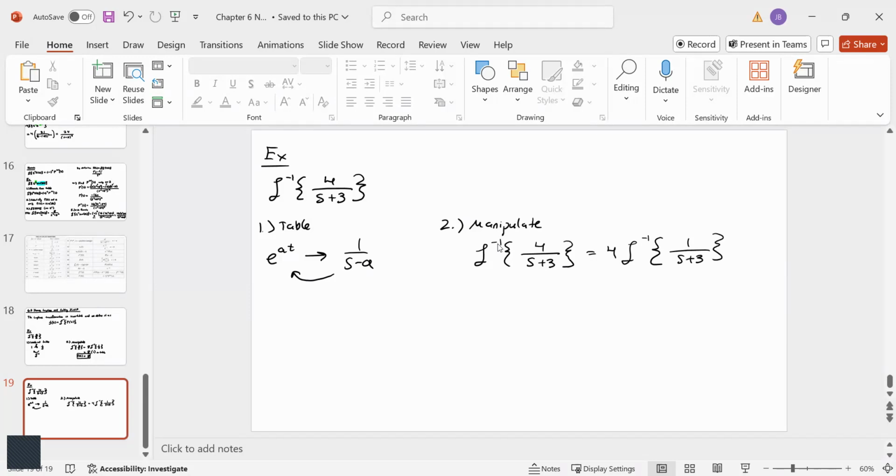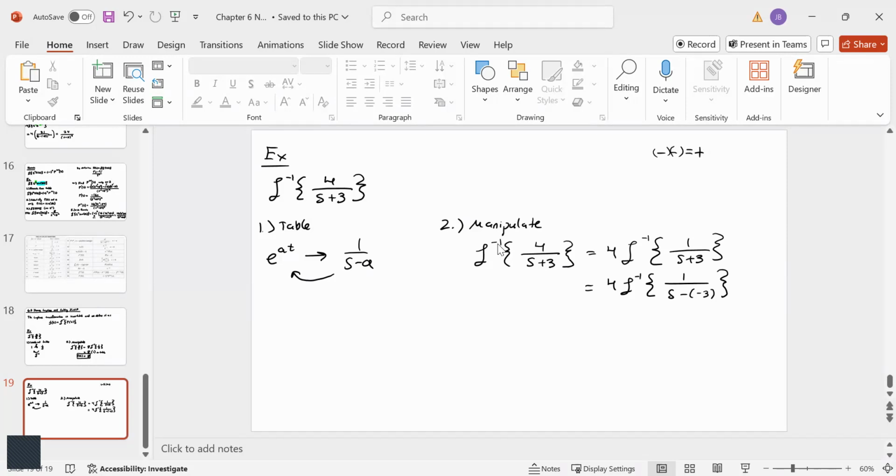And we notice that the formula originally has a minus sign. So using a little algebra trick, which just says a positive, addition can be written as a minus minus. So 1 over S minus negative 3, like that, because minus minus equals a positive.